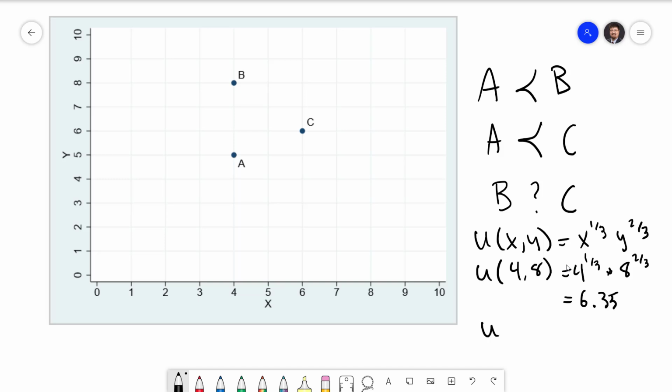For bundle C, we take U of 6 and 6. That's going to give us 6 to the 1/3 times 6 to the 2/3, which is 6. Since the utility that the consumer gets from bundle B is bigger, that tells us that our consumer prefers bundle B to bundle C. But note here that more is better did not tell us this. We had to plug it into the actual utility function.